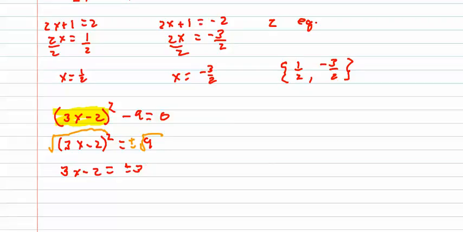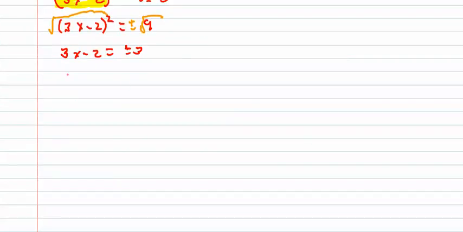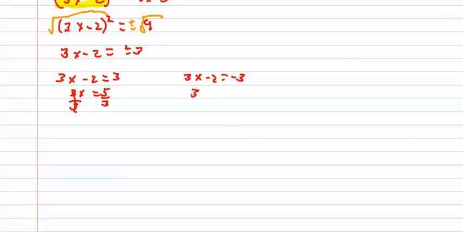And then, as before, we write two equations. 3x minus 2 is equal to positive 3. 3x minus 2 equals negative 3. Add 2, 3x equals 5. Divide by 3. Add 2, 3x equals negative 1.